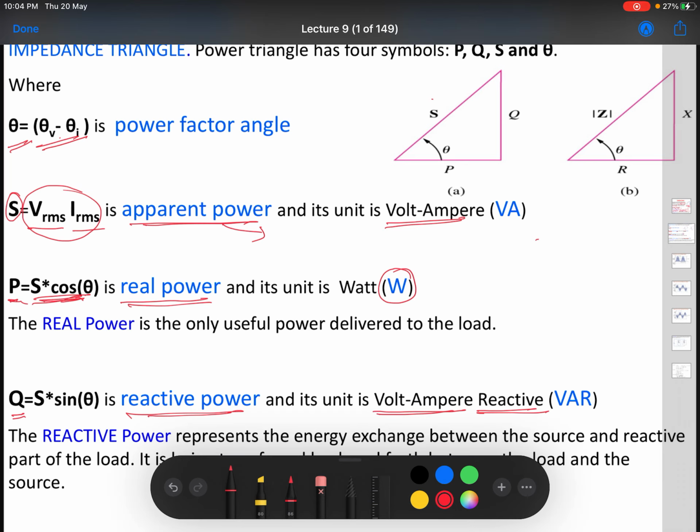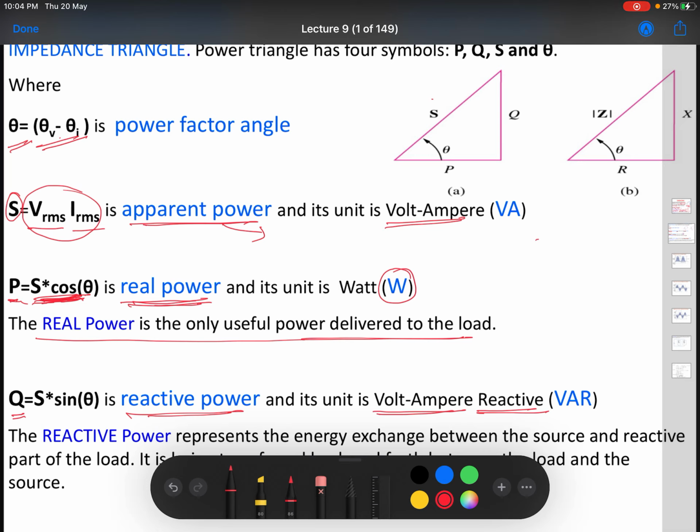But S cos theta is called real power, because this is only the useful power which is delivered to the load. This is the part which you can see as heat if it is a resistor.